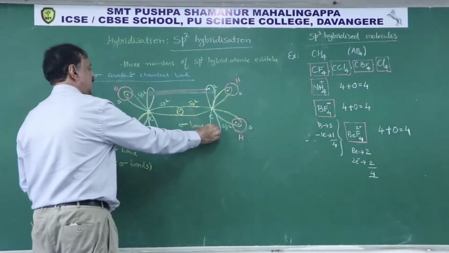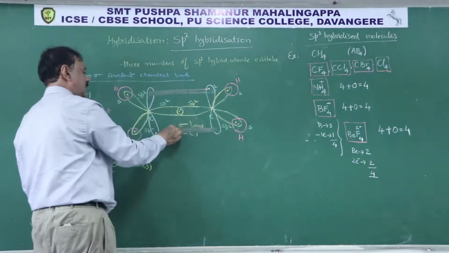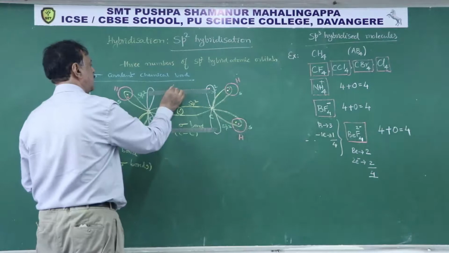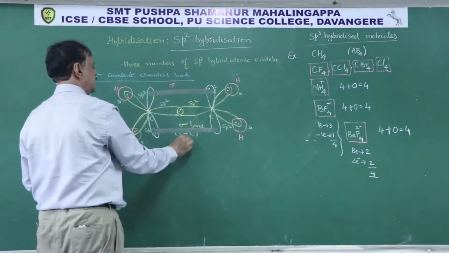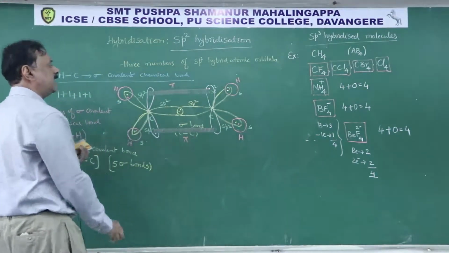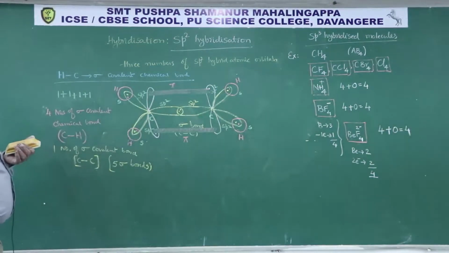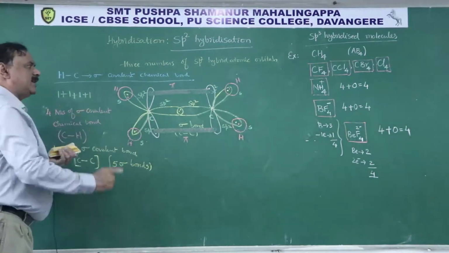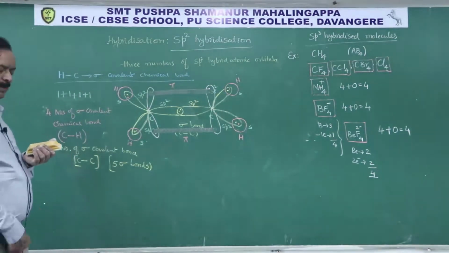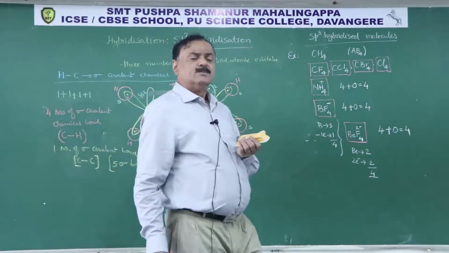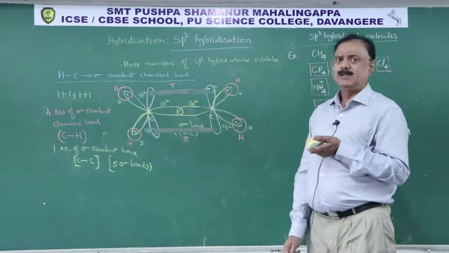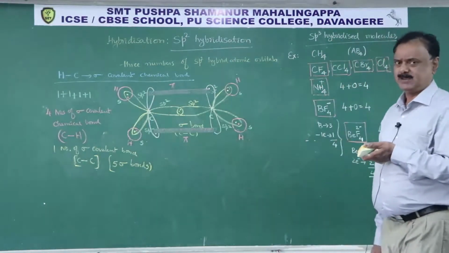The lateral overlapping of half-filled atomic orbitals leads to the formation of a pi covalent chemical bond. This is called a carbon-carbon pi covalent chemical bond, whether it is present above the plane or below the plane. I will introduce the new term pi covalent chemical bond: a pi covalent chemical bond is formed by the lateral overlapping of half-filled atomic orbitals.